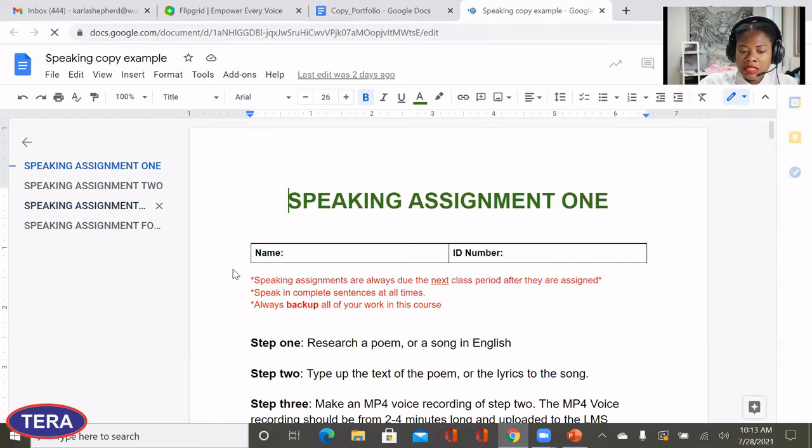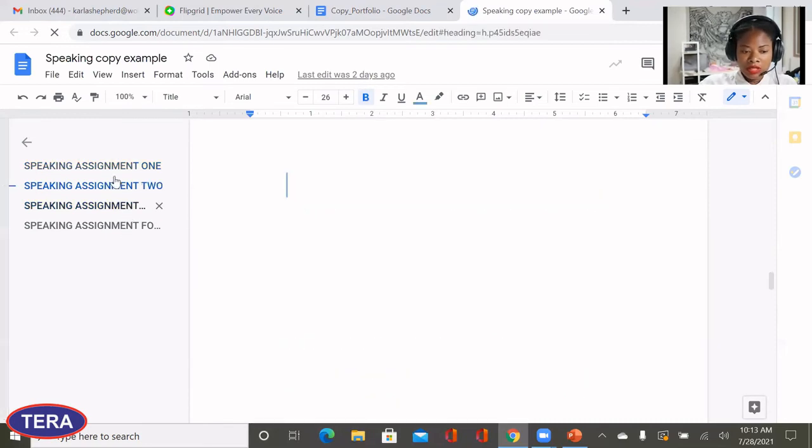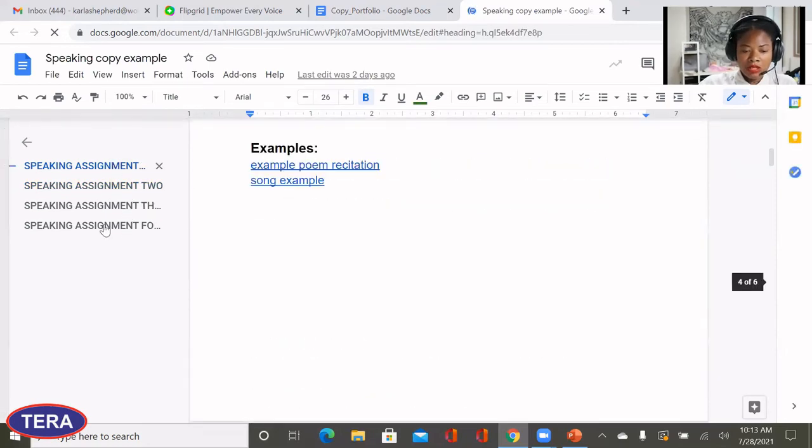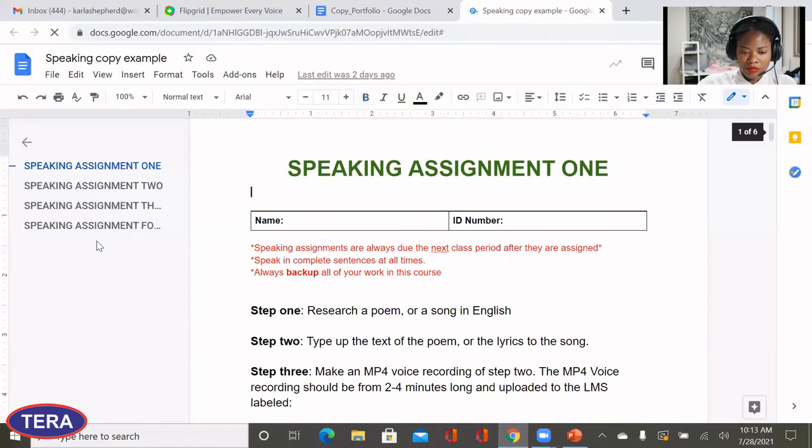The speaking assignments, let's see. So there's also 4 of these. Okay, speaking assignment 1. So I've not found a way for the students to put audio files into their own Google document.